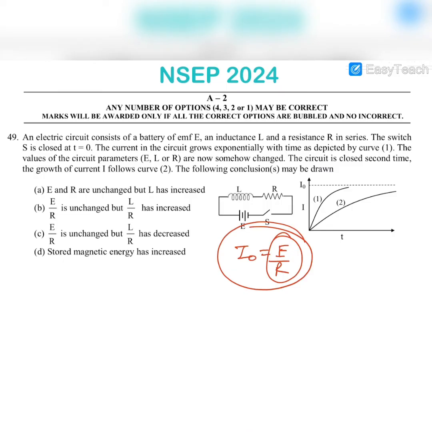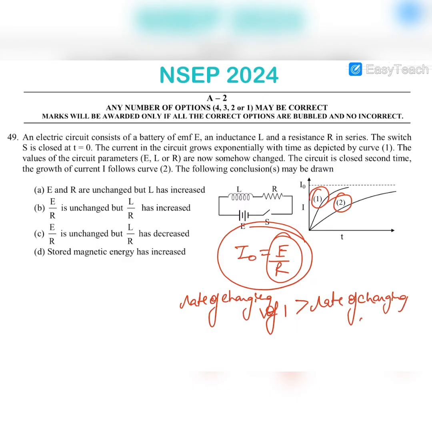And you can see that the rate of charging of 1 is greater than the rate of charging of 2. You can see by this graph, rate of charging of 1 is greater than that of 2. And therefore we can say that the time constant of 1 will be less than the time constant of 2.